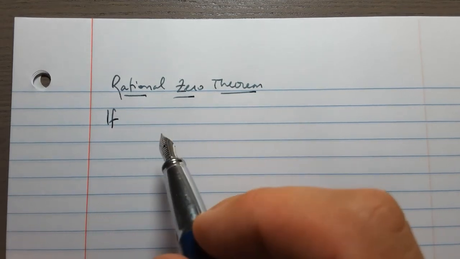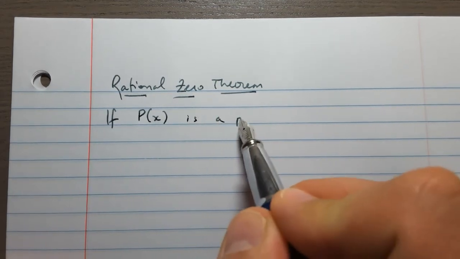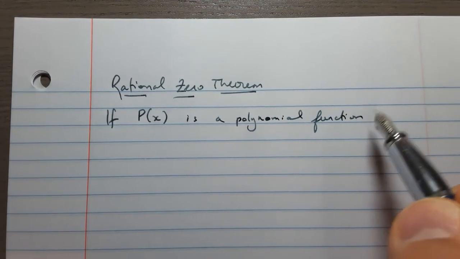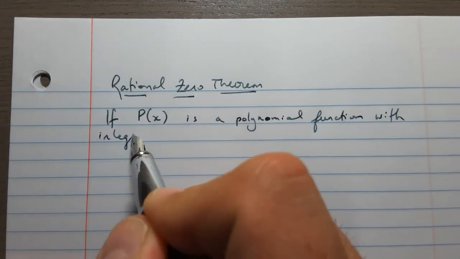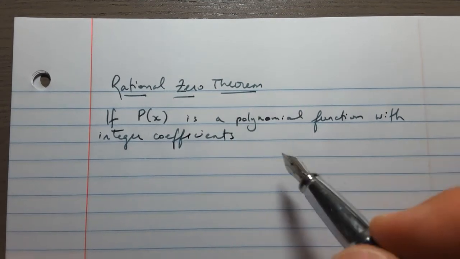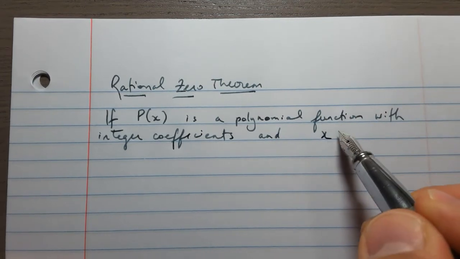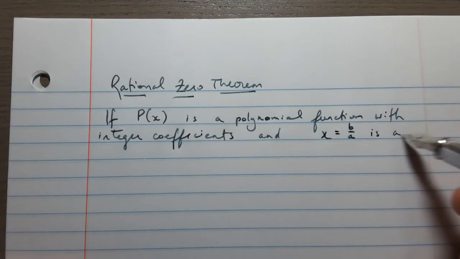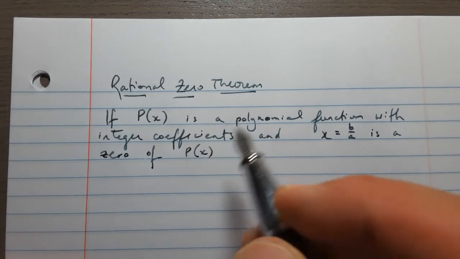So once again, we have if p of x is a polynomial function with integer coefficients, and we have x equals b over a is a 0 of that polynomial function.